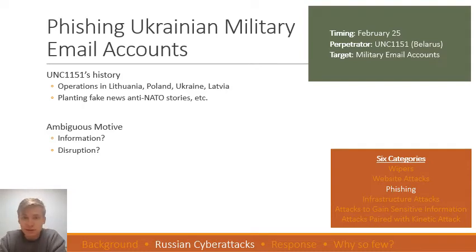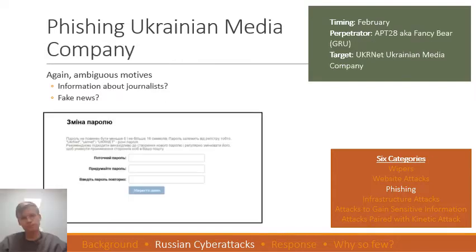They wanted to see what was going on on the Ukrainian side of things, and have someone on the inside in terms of email. But it could be that they were planning to do something disruptive with it as well, in terms of either the address books or sending emails from that person that aren't actually from that person. We don't know what the motive was exactly, but we do know that they were pretty unsuccessful when it came to phishing these military emails.